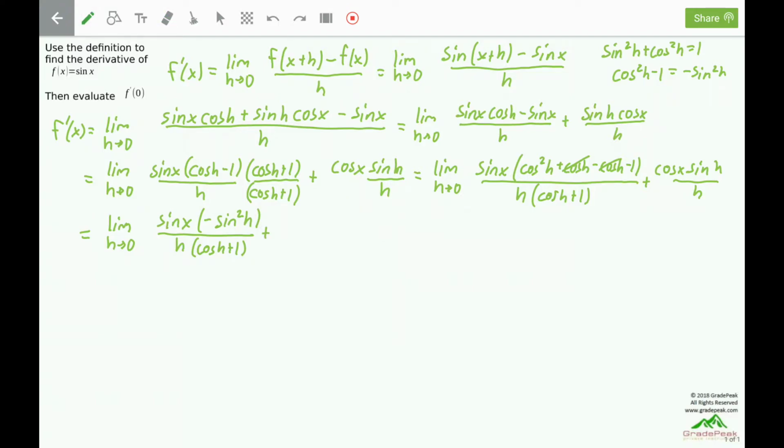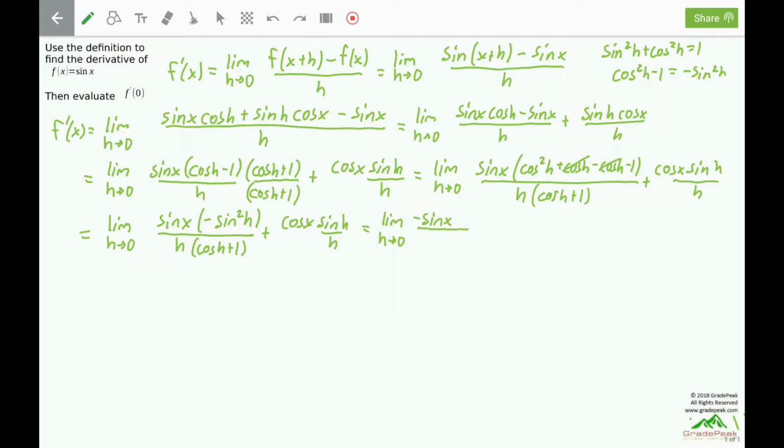And then we have plus this second fraction, which we have a limit that'll be a 1, so we're just going to keep that the way it is. Now the limit is on h here, so we're not worried about the sine x. We have a negative, and we have a sine squared h.